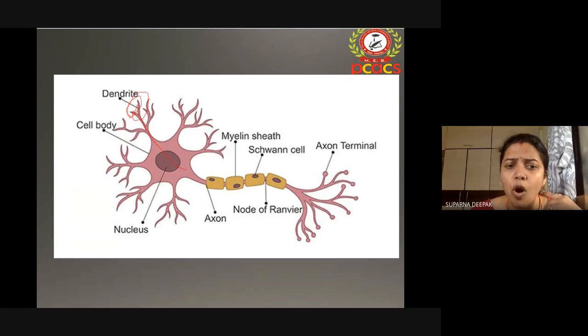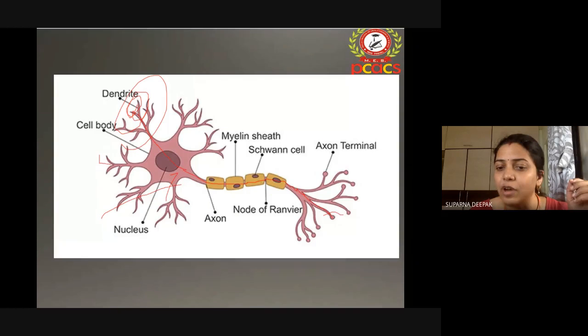The entire neuron will undergo a change in polarization, or you can say a change in the voltage. More and more sodium ions and potassium ions will come inside this particular neuron whenever there is a change in the dendrites. Finally, it is going to reach the axon end.